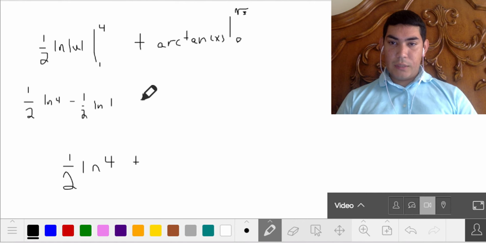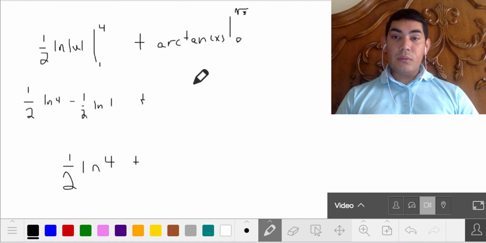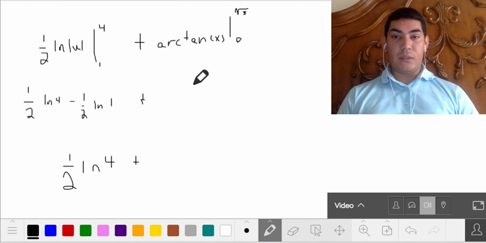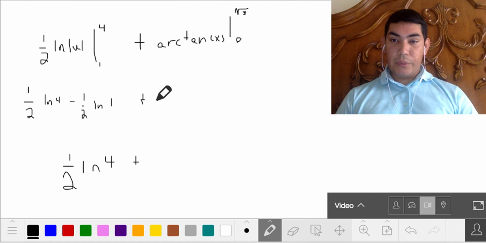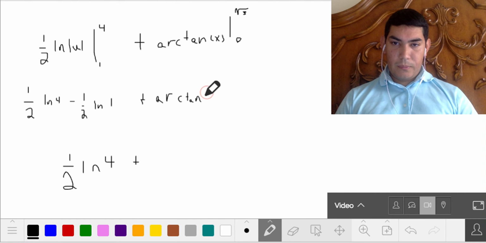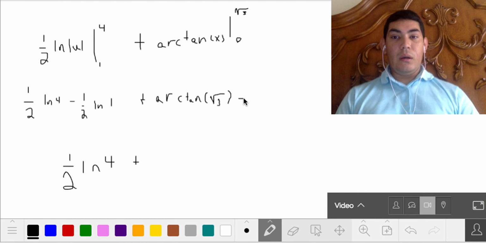So now let's look at our other solution that we obtained. Arctangent of x. So we're going to have arctangent of square root of 3 minus the arctangent of 0.